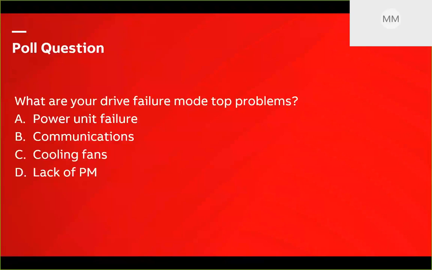The power unit would be the converter or the inverter itself. Communication could be communications to the overriding controller, or between the drives and the controller, or the power unit to the drive controller.